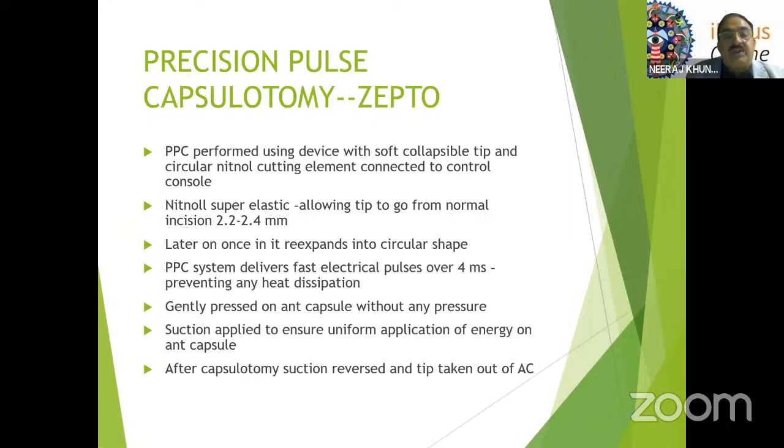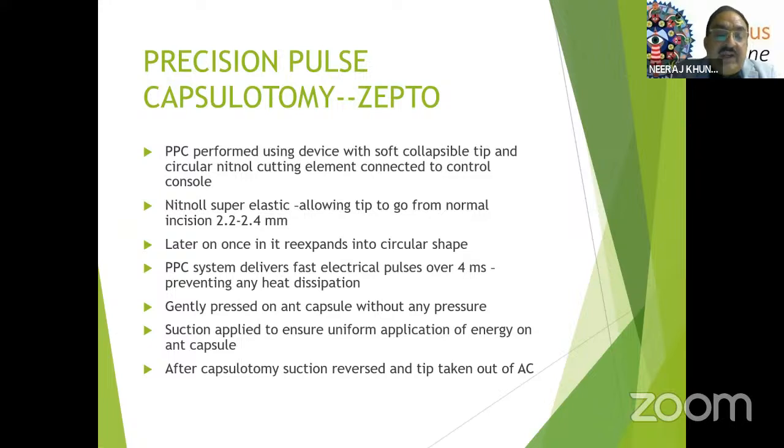Then coming to precision pulse capsulotomy, that is Zepto. Now, PPC is performed using a device with a soft collapsible tip and a circular nitinol cutting element connected to a control console. Nitinol is super elastic, allowing the tip to go through a normal incision of 2.2 to 2.4 millimeters.